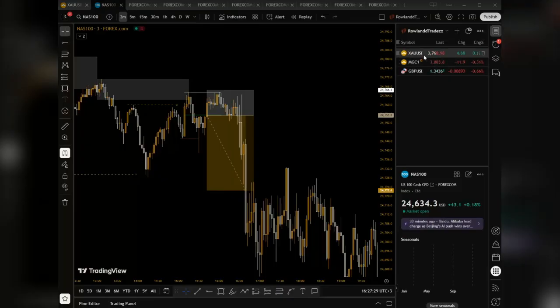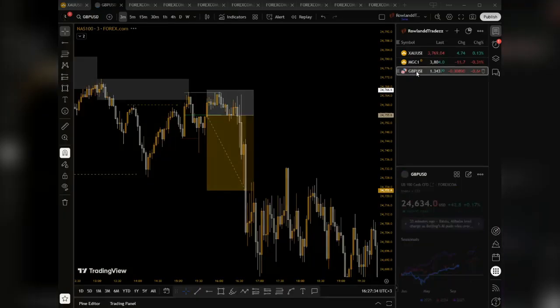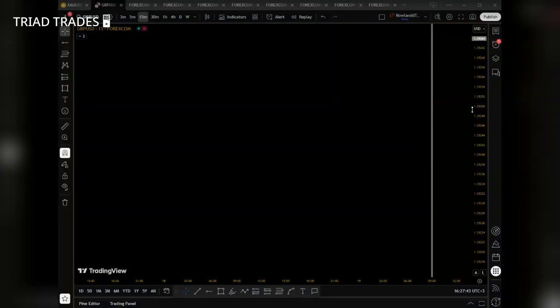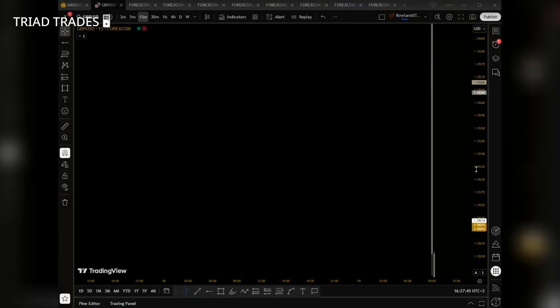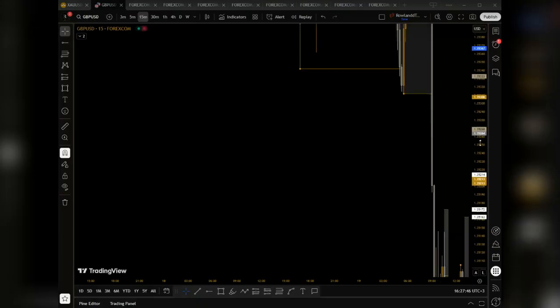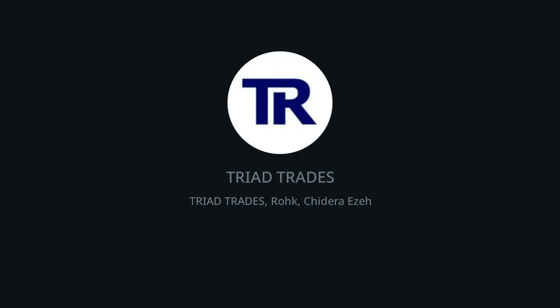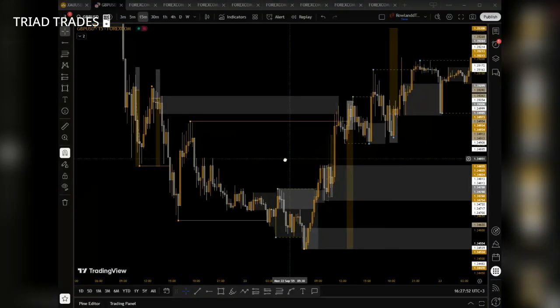On my watch list, I have gold, micro gold futures because I'm actually looking into futures, and we have GBPUSD, which I also don't like. Yeah, I don't like GU. But for the micro gold futures, I'm looking into the futures market, and pretty soon I'll just shift into futures.